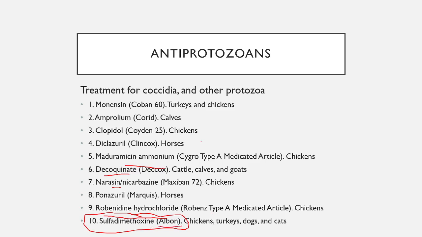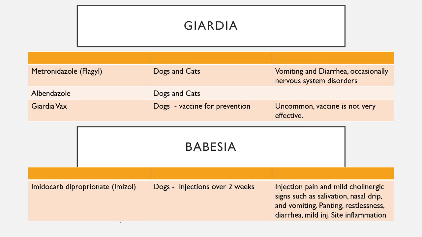This gets coccidia in chickens, turkeys, dogs, and cats. There are ones to remember in here, like ponazuril, diclazuril, amprolium, and monensin, but the one you're going to see most often in small animal medicine will be Albon or sulfadimethoxine. You just need to remember that's a sulfa drug.